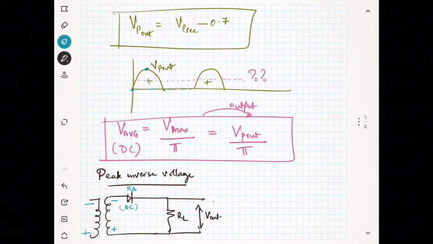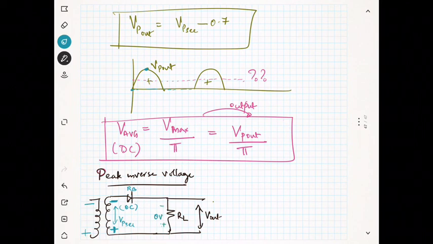The maximum voltage across the secondary, Vp secondary, has the direction negative here and positive on the other side. This voltage cannot make a current, and the voltage drop across RL is actually 0 volt.